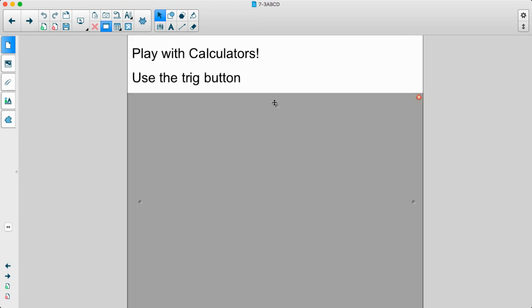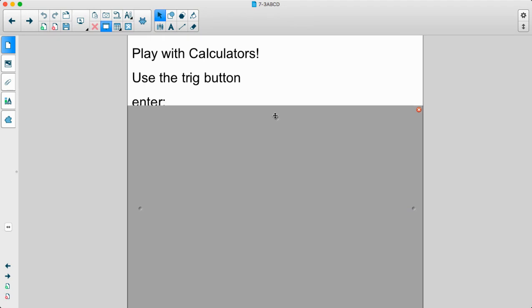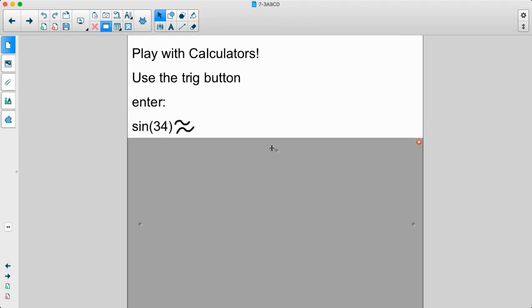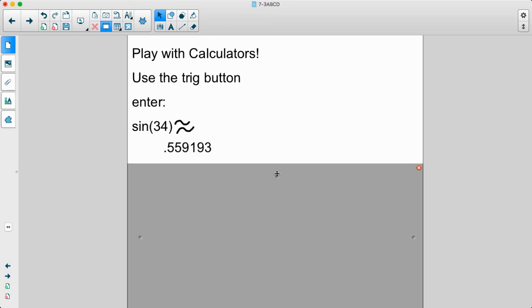So now that you've done that and your calculator is set in degrees, let's play with your calculator. Hit the trig button, choose sine on the top row, and then enter 34, and then hit the blue button, control, before you hit enter, and that will give you an approximation. And make sure you get this decimal. If not, go back and make sure your settings are in degrees.